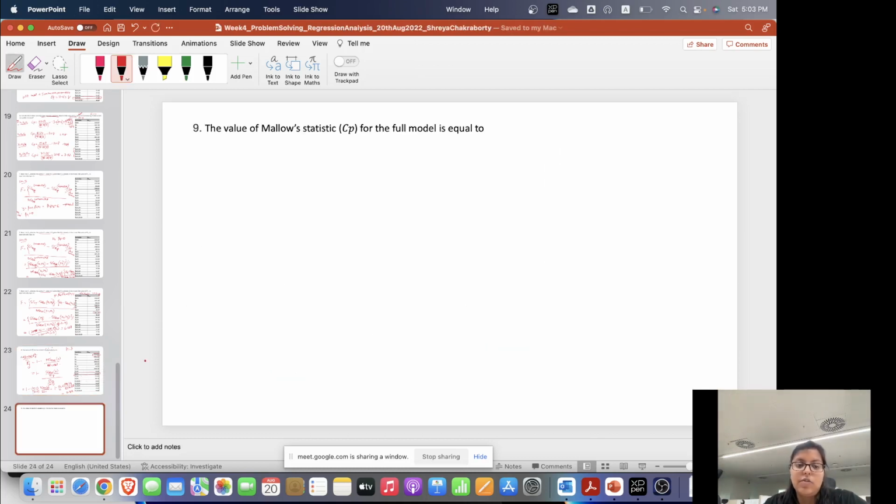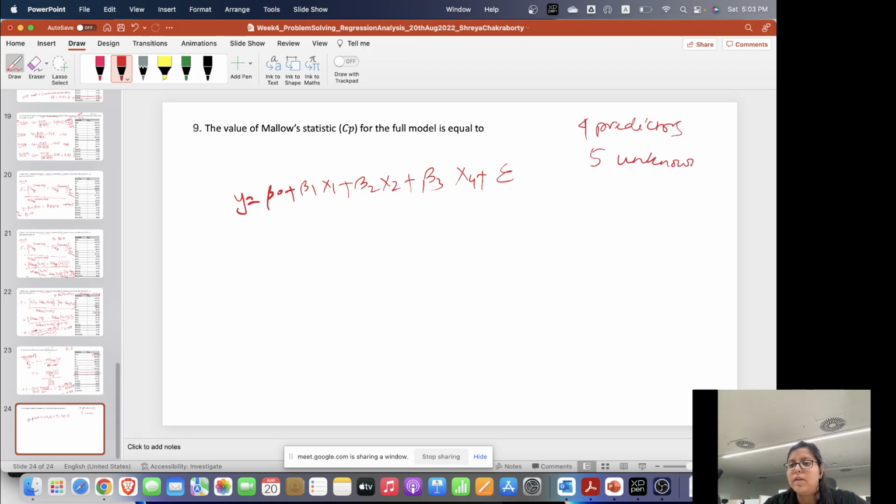And the last question for today is the value of the Mallows Cp statistic for the full model. So the full model would be this thing, because we had 4 predictors and 5 unknown parameters.